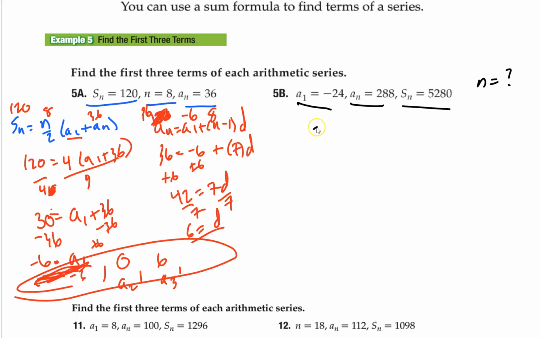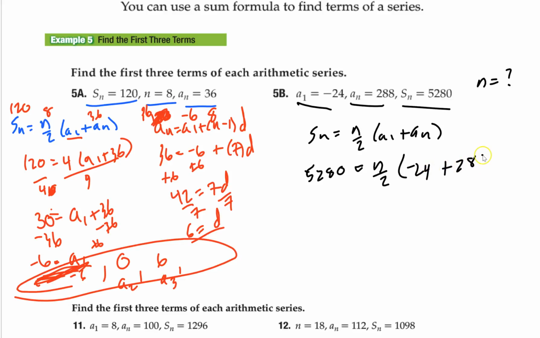So I'm going to use the exact same equation. Plug in your stuff. I don't have n, so whatever. We like that n. But everything else I can plug in, right? I have a_1, I have a_n. Right, now it's just math.